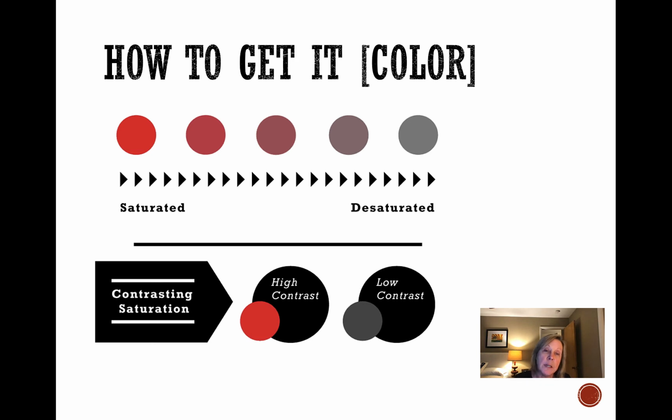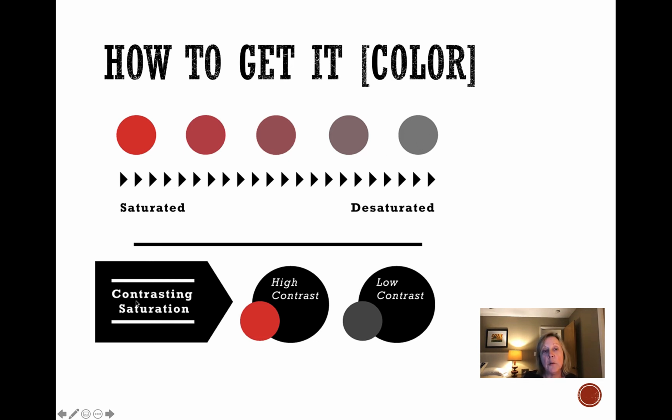Similar to color is saturation. Saturation also has to do with how light and dark colors look. You can see that this is a very saturated color, and this is a color that's desaturated.